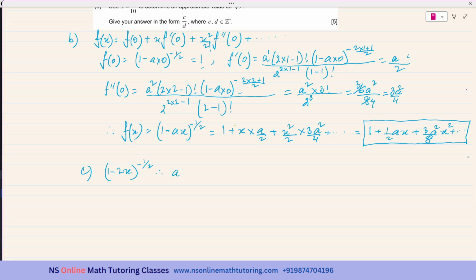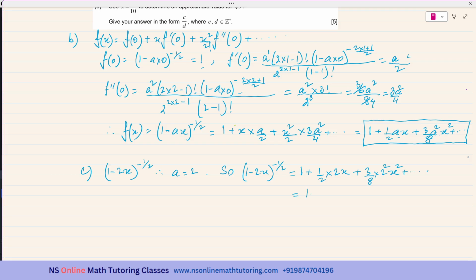Therefore, a is equal to 2. I will be substituting 2 in place of a: 1 plus half times 2x plus 3 over 8 times 2 square x square plus dot dot dot.